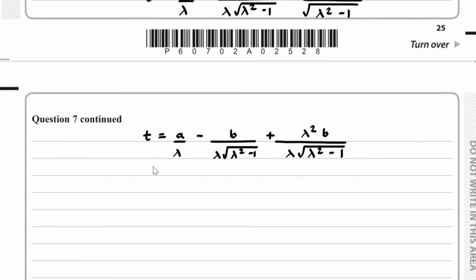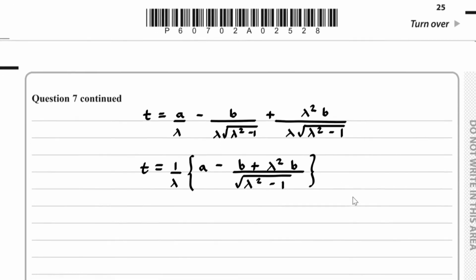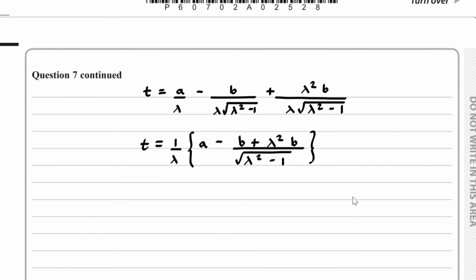And if I factorize out a 1 over lambda, then I would have a minus, then on top here we've got b plus lambda squared b over lambda squared minus 1 square rooted, and we can simplify this even more.